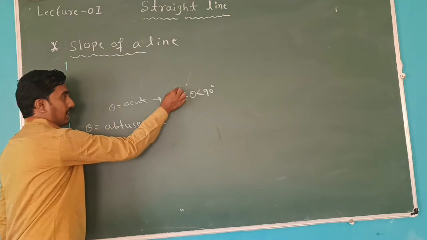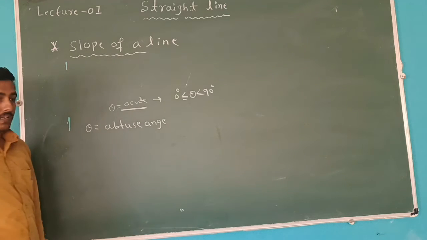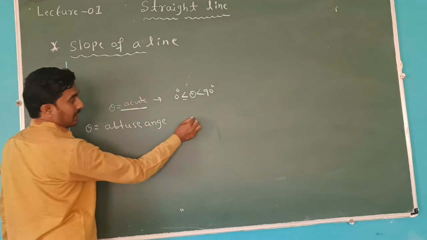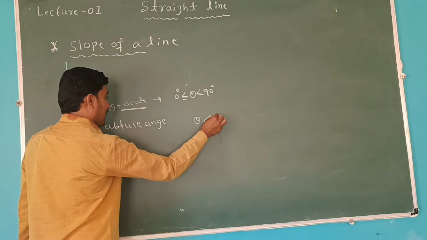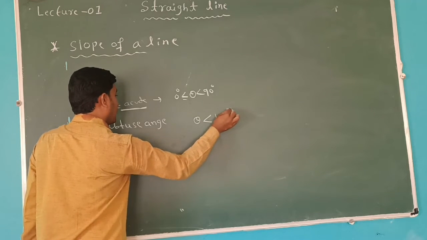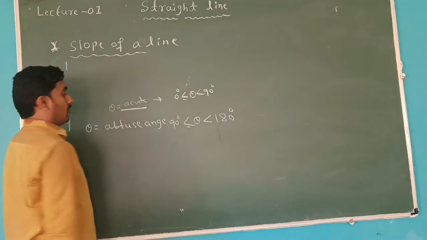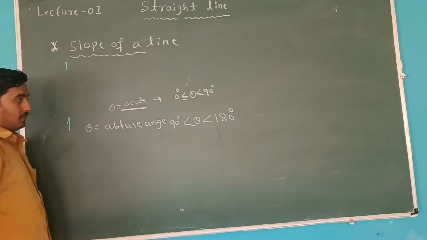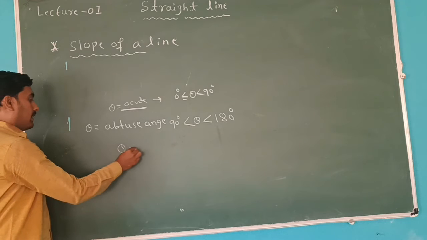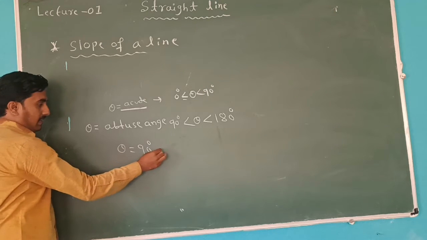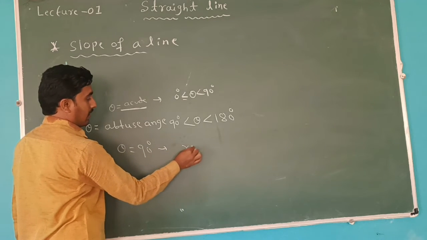In that case the angle is called an acute angle, and an obtuse angle means theta is less than 180 degrees and greater than 90 degrees. If theta is equal to 90 degrees, then the angle is called a right angle.